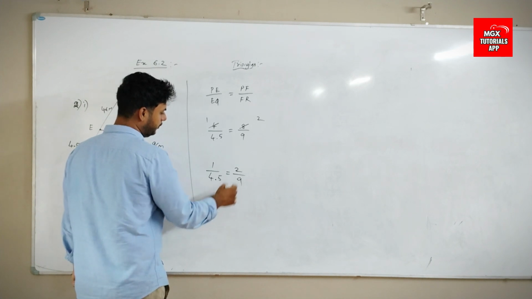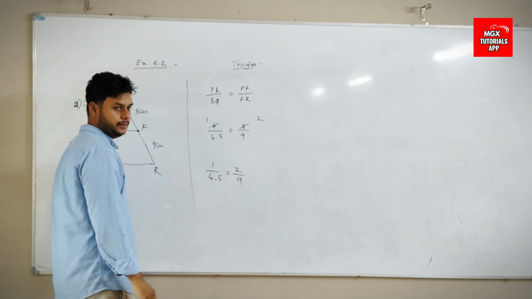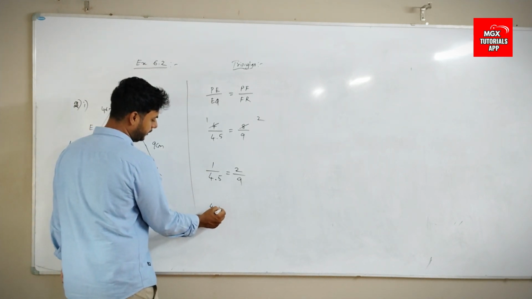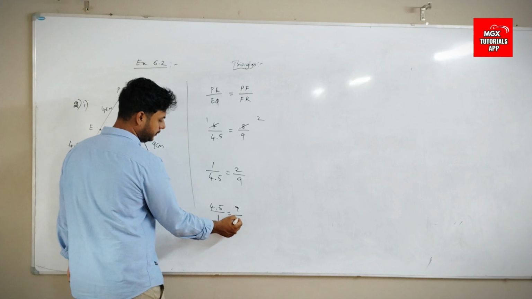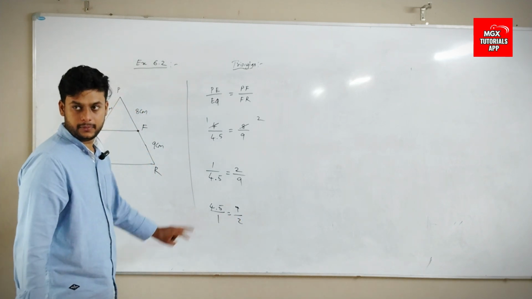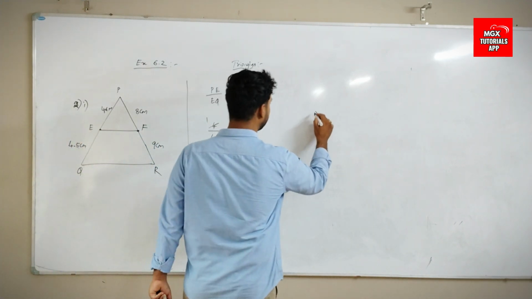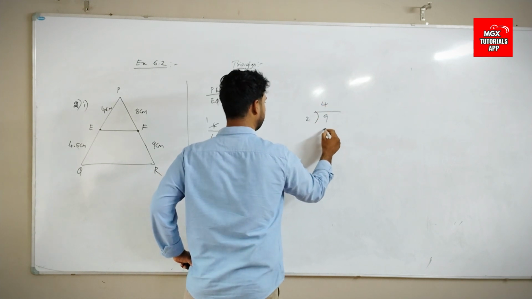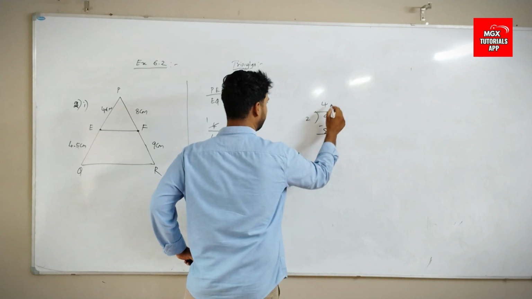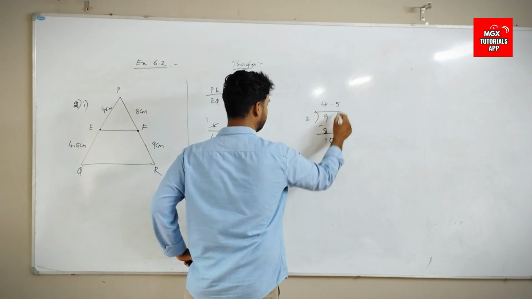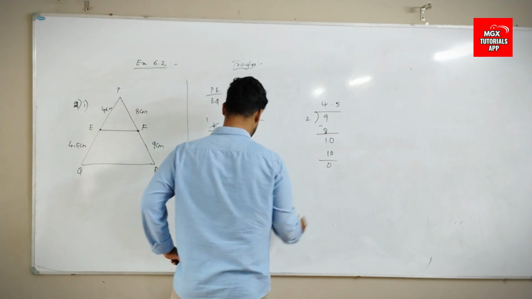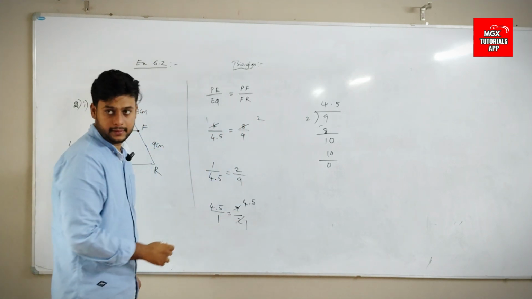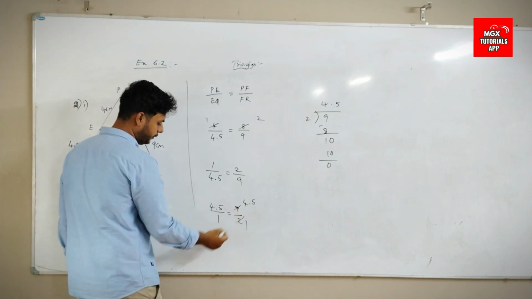If I switch it like this, it becomes 4.5 by 1 and 9 by 2. 2 fours are 8, 1 is remaining, so 4.5. And 2 ones are 2, 4.5s are 9. So 4.5 is equal to 4.5.